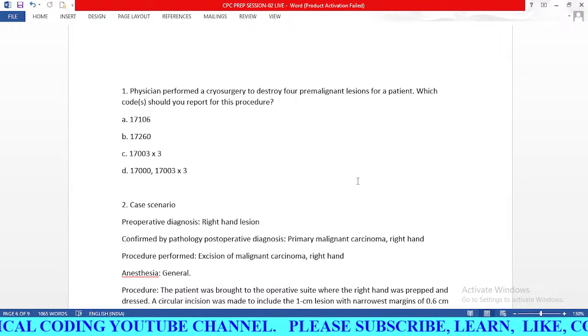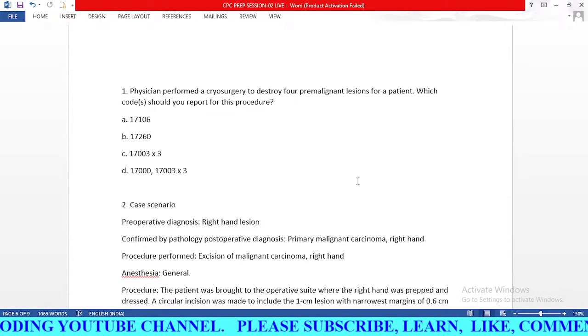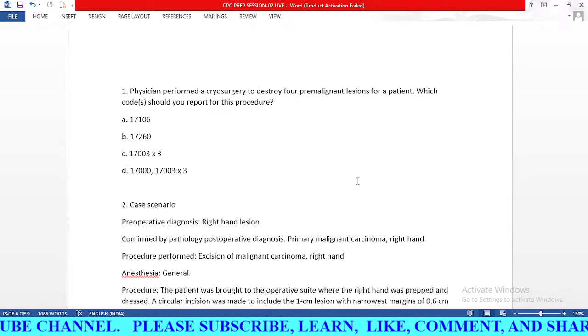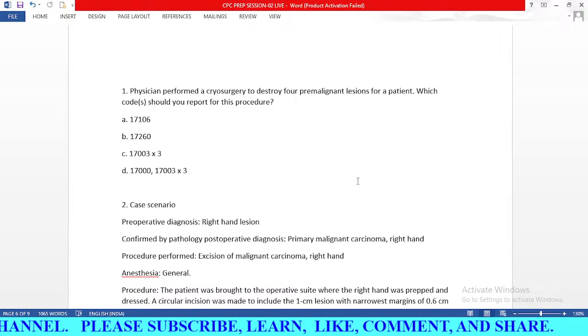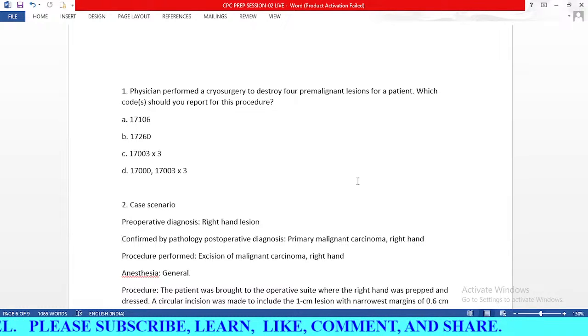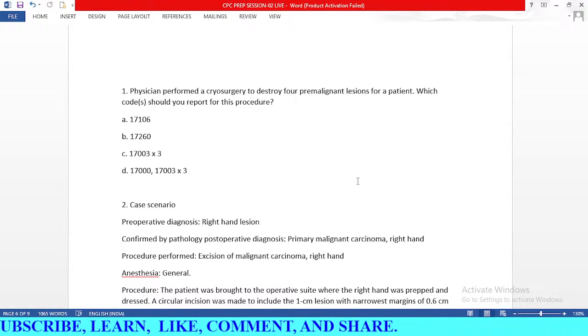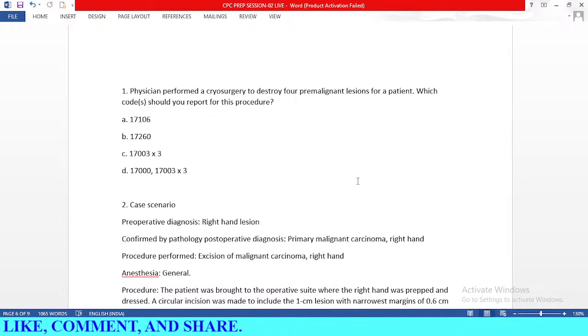Malignant lesions expand rapidly and spread to other organs. Benign lesions do not expand rapidly, but stay at one place. Pre-malignant is in between benign and malignant. So all of you wrote answer D, and it's correct.